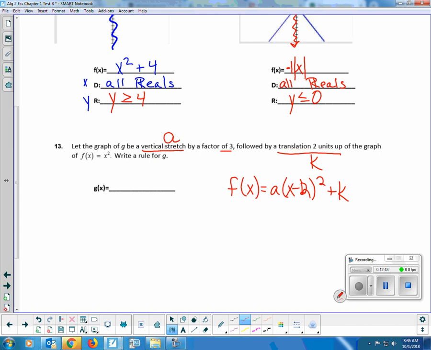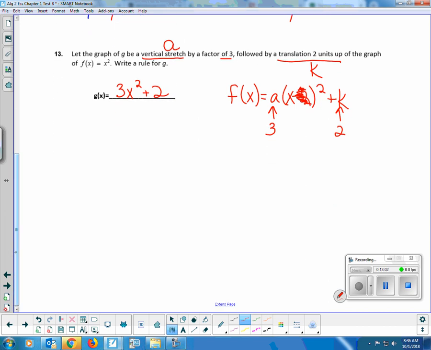It doesn't say left or right, so there's not going to be an h. And it says a stretch of 3 and moves up 2 units. So our g of x should be 3x squared plus 2. Don't worry, unit 2 has a lot more of this.